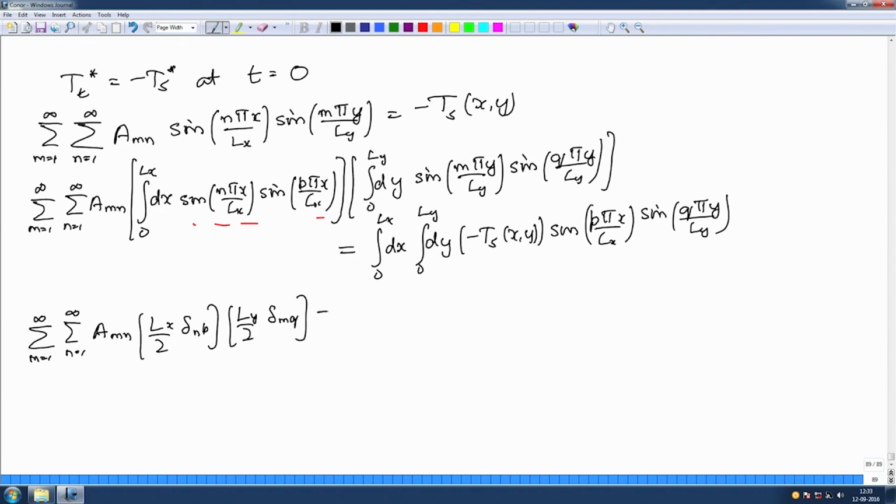This is the right side: the integral 0 to Lx dx, integral 0 to Ly dy of minus the steady temperature of x and y multiplied by these two functions.